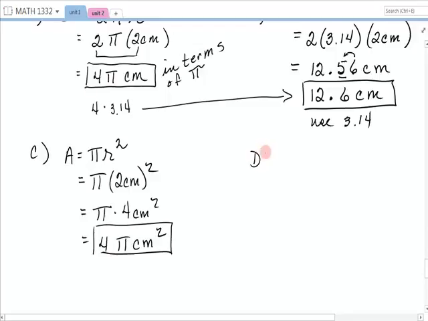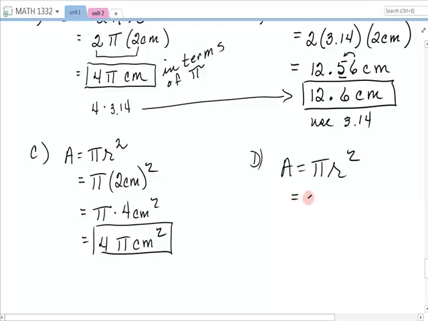All right, part D. I'm still finding the area. It's pi r squared. Can I use my part C to get it? I can, or I can start over.